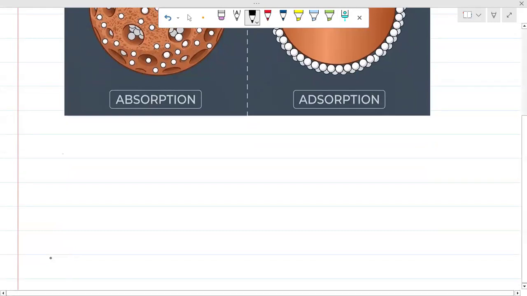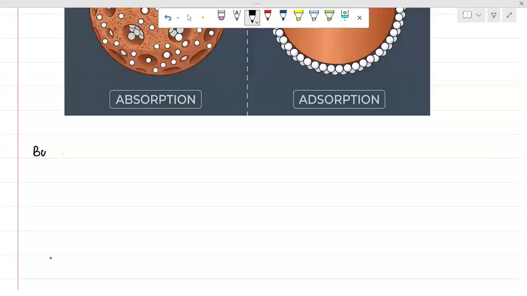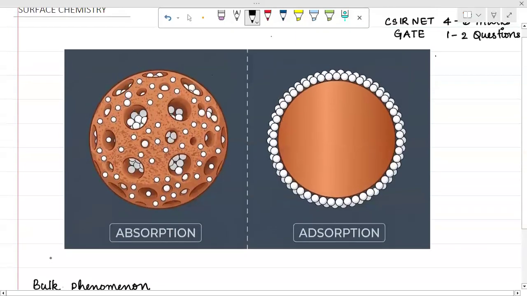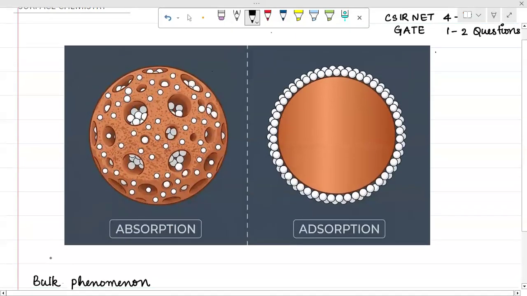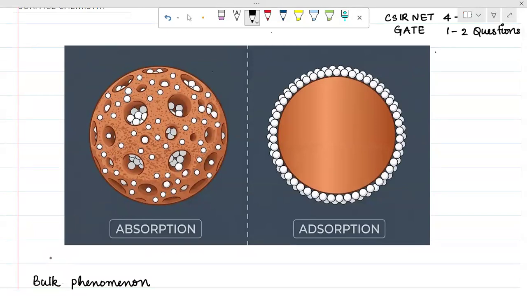Absorption is a bulk phenomenon. Why is it a bulk phenomenon? Because here, whatever molecular system we are considering enters into the bulk. For example, let's say you take a sponge and dip it in water.